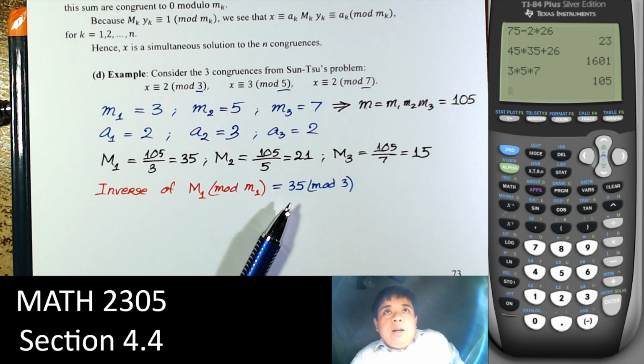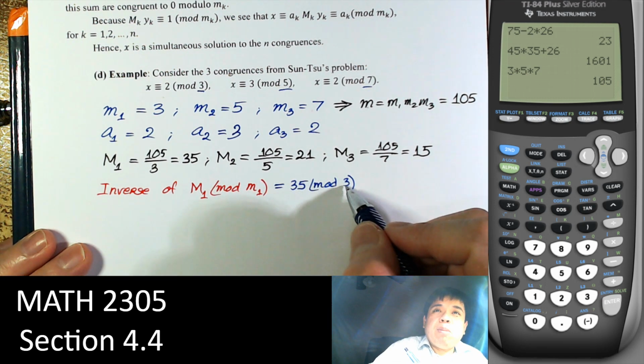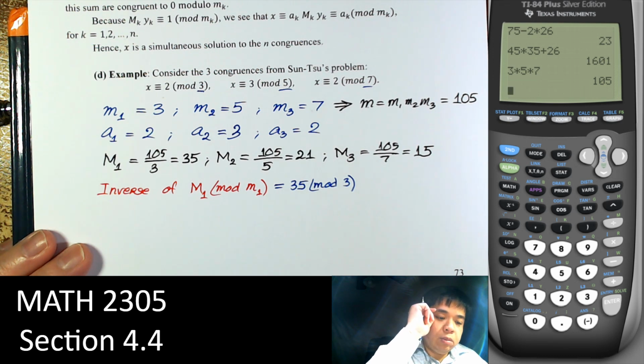Right. So for those we just have to try some very small numbers, and by inspection we can say divide by 3. If we have 1 times 35, 35 divided by 3, remainder is 2. So that doesn't work.